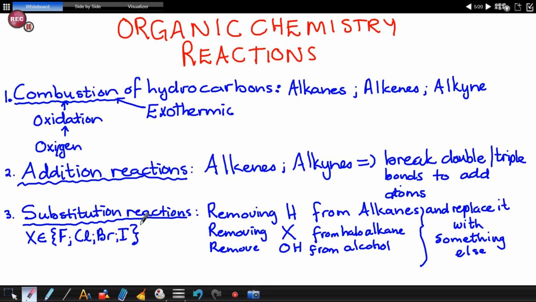They can react with water, or with a base, or with a halogen. They can react with things like that to break the double bond and add those atoms onto the molecule. We'll still do the specific examples.